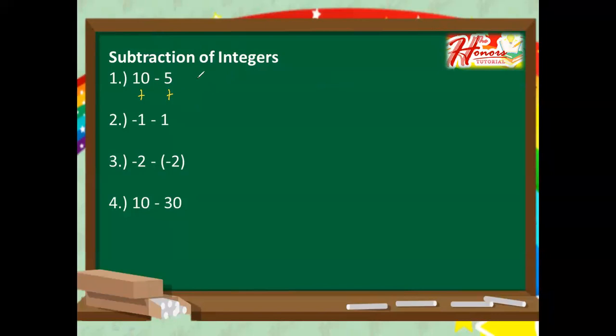So therefore, just subtract it, just like what we used to do in elementary. So 10 minus 5, that's 5. What is the sign? It's positive. Or just write 5.